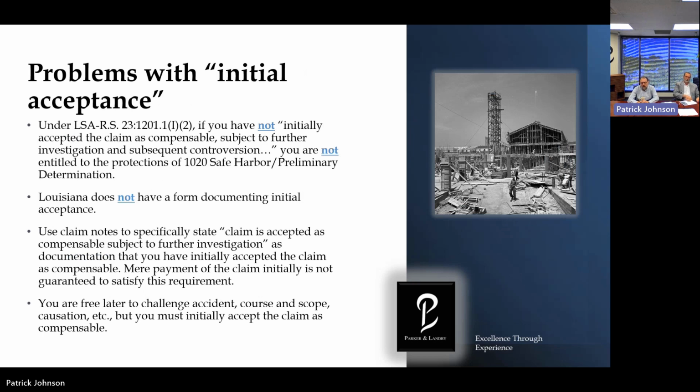So let's talk about that. Unfortunately, Louisiana, despite having the 1002 process, which is hyper detailed, does not have a form where the adjuster has to accept or deny the claim. So it is a requirement that you initially accept the claim as compensable, but Louisiana doesn't have a form for you to initially accept the claim as compensable.